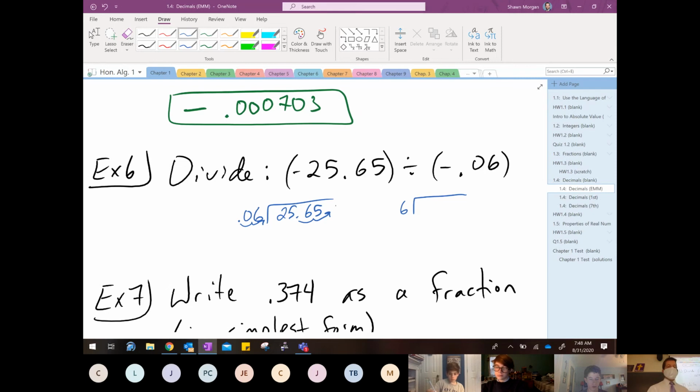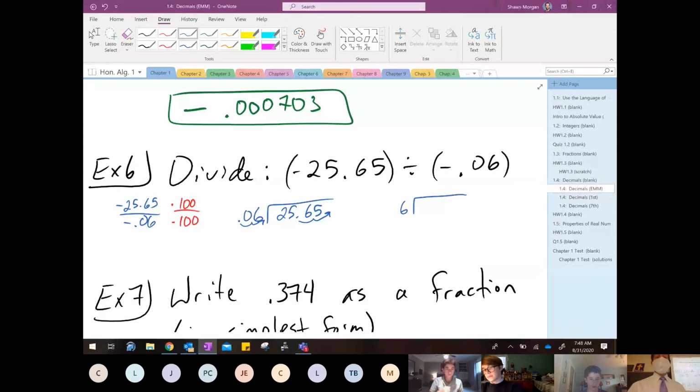So when I look at this original fraction of 25.65 over 0.06, in essence, what we are doing is we are saying, let's multiply the top by 100 and the bottom by 100. Did you know that? That's what we're doing when we scooch this decimal to the right 2 units. Okay? So now the problem is, as Jake was telling us, now we've got a divisor that is an integer.